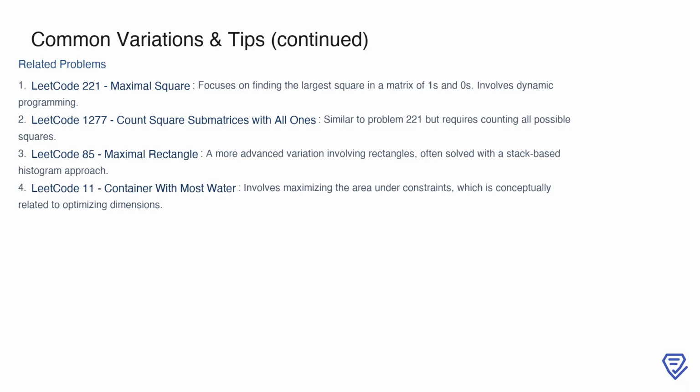If you're looking for a more advanced variation, LeetCode 85, Maximal Rectangle, involves rectangles instead of squares and often uses a stack-based histogram approach for optimization. Finally, LeetCode 11, Container with Most Water, deals with maximizing the area between two lines under constraints, which is conceptually related because it also involves optimizing dimensions. Exploring these problems can help you see the broader patterns and strategies that apply across different scenarios.